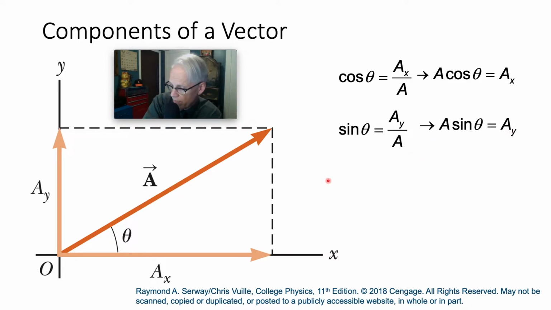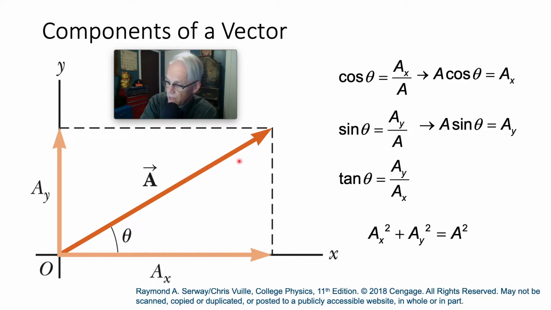Solve that for A sub y. Finally, the tangent of theta is the opposite over the adjacent. And we just use the Pythagorean theorem to find the relationship between the x component, the y component, and the magnitude of our original vector.